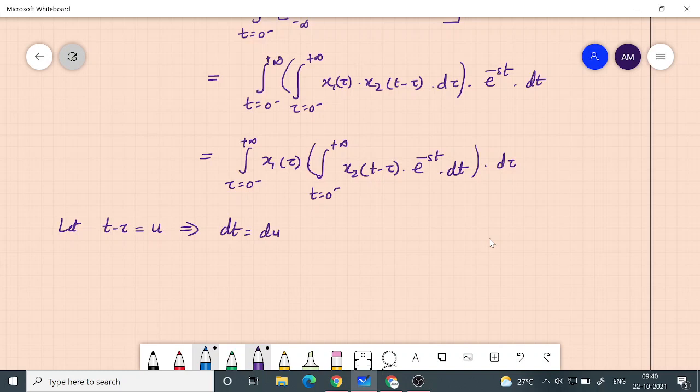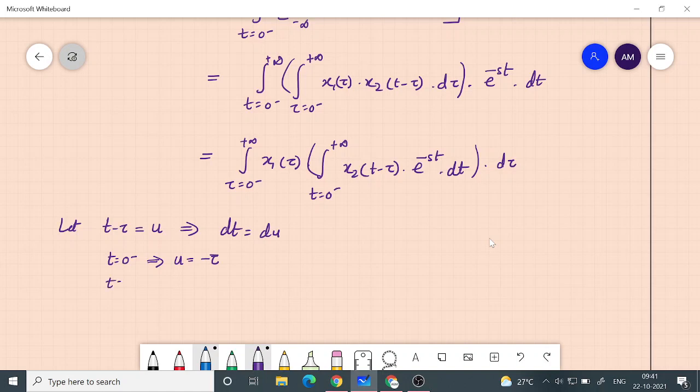Another thing is that we also need to change the integration limits. When t goes to 0 minus, what happens to u? u is t minus tau, so u is equal to minus tau.